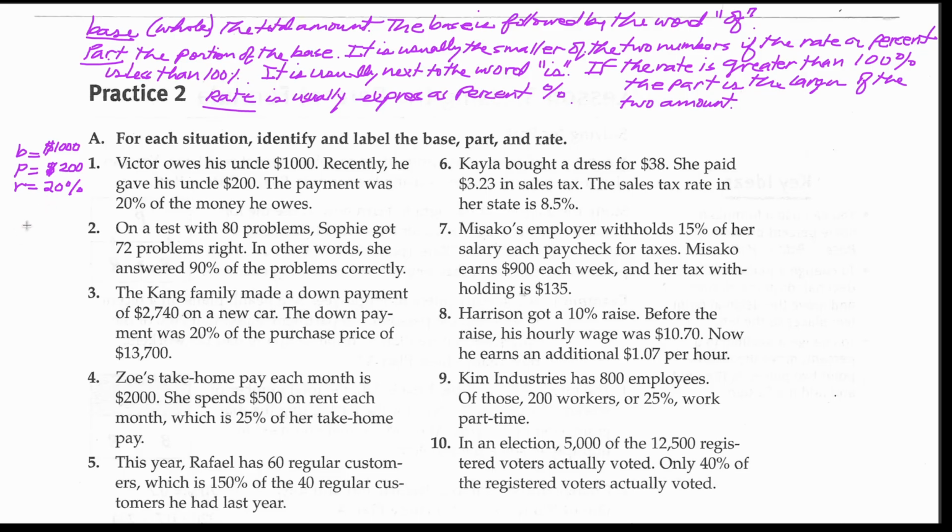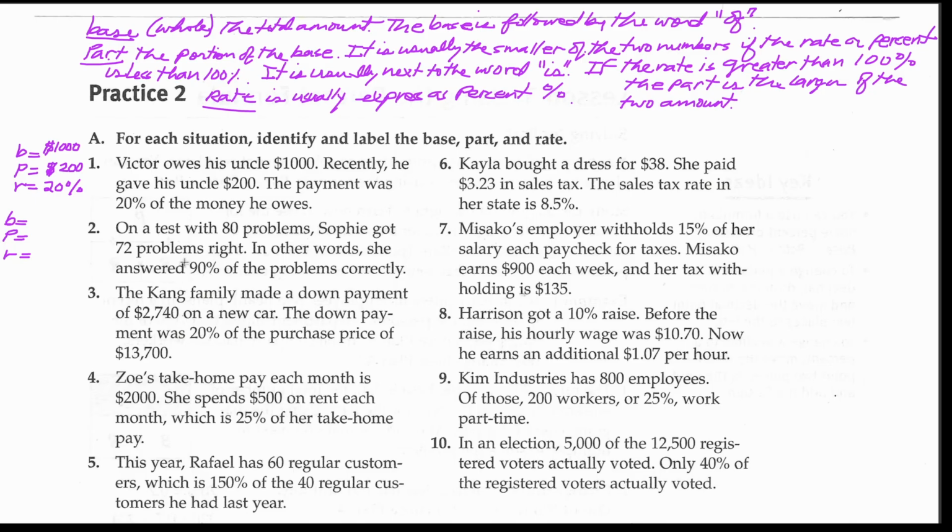Look at number 2. Let's find what is the base, what is the part, and what is the rate. On a test with 80 problems, Sophie got 72 problems right. In other words, she answered 90% of the problems correctly.